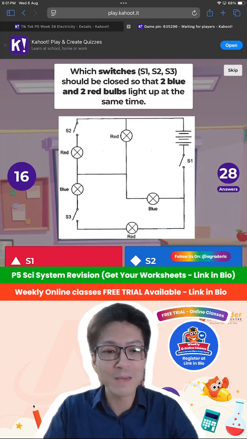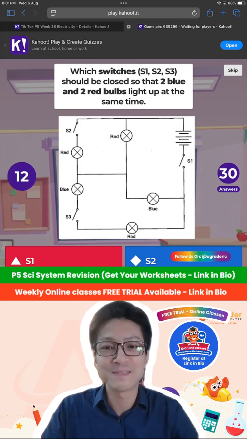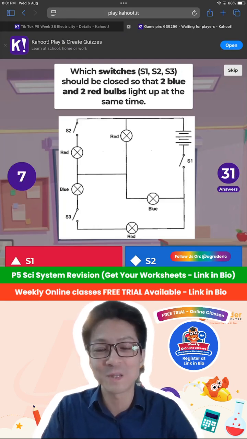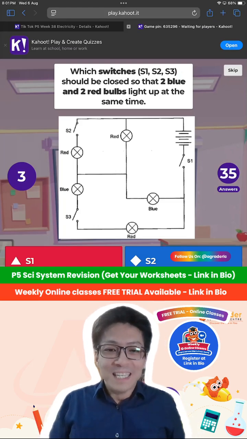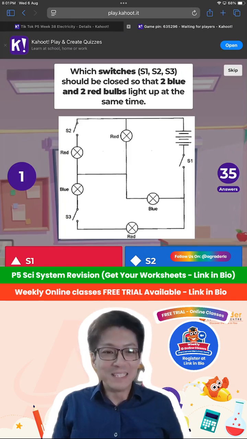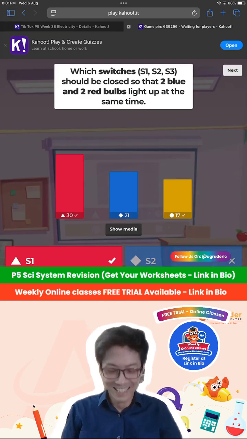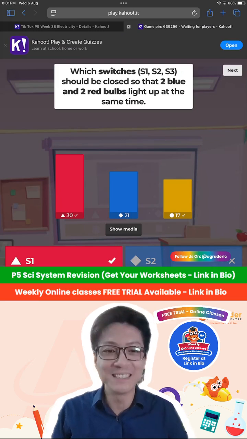It actually came out in my worksheet in the last live. It's a bit too late because only 10 seconds are left. If you have the worksheet, you can refer to it. I don't remember what the answer is, but it is S1 and S3.